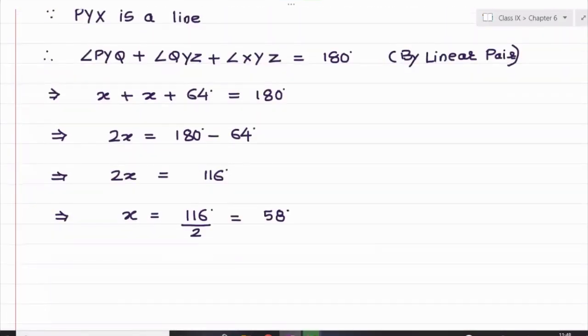So let us write down the value of angle XYQ. We can say that angle XYQ is equal to x plus 64 degrees. So what is the value of x I have? That is 58. So 58 plus 64 degrees.